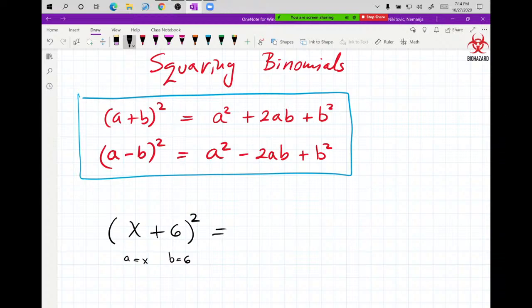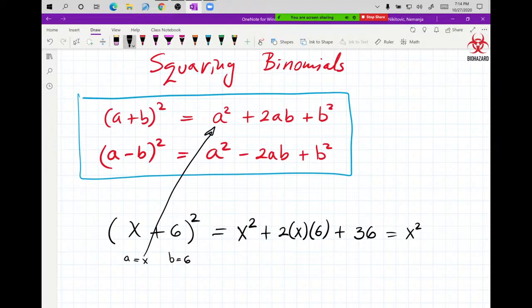So I just need to plug them where they belong, right? X goes in there, becomes x squared, plus 2 times a is x, b is 6, plus b squared is 36. That's a 6 squared. And all I need to do is fix the middle term, and we're done.